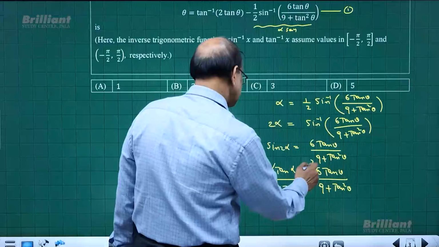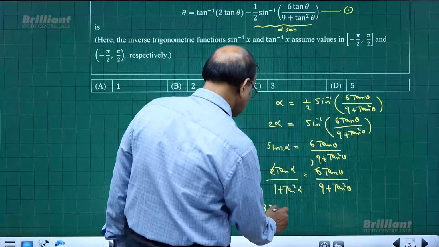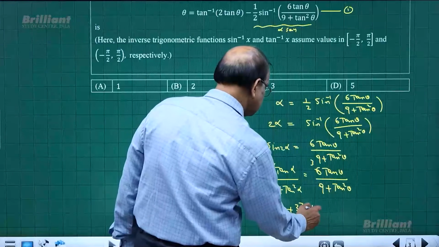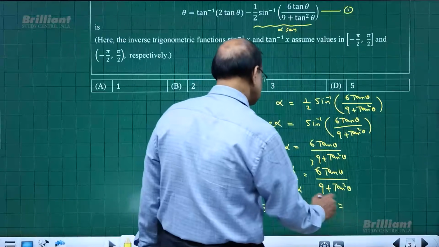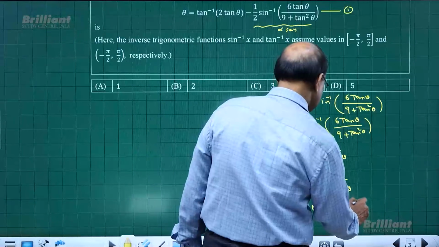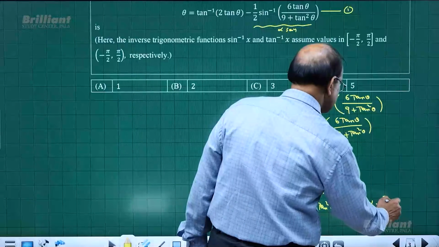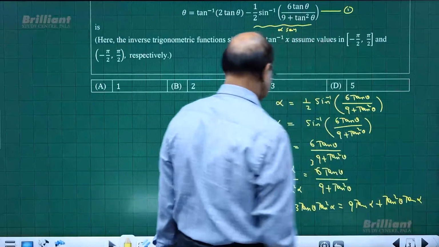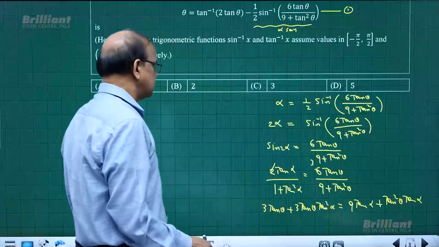So what will you get? 3 tan theta plus 3 tan theta tan square alpha is equal to 9 tan alpha plus tan square theta tan alpha. Yes, cross multiply. Now transfer everything to this side.